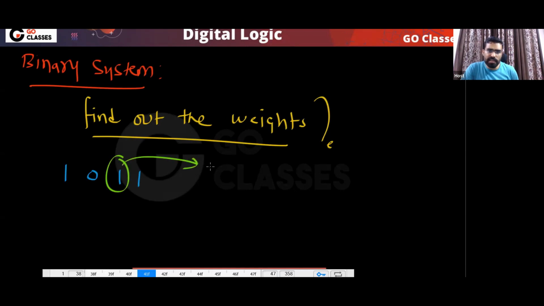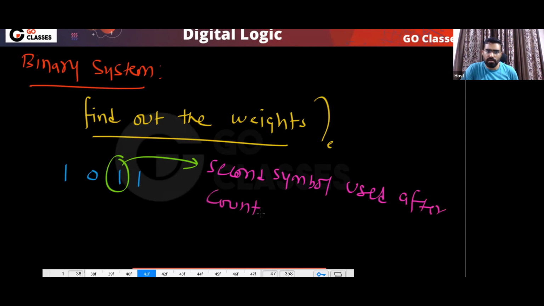Remember, this is the second symbol. Why are we using this second symbol? We use this second symbol after counting how many things? After counting two items, correct? After counting two items, we are using this second symbol. Very simple, just similar to the decimal system.